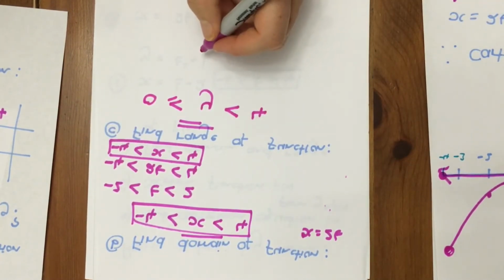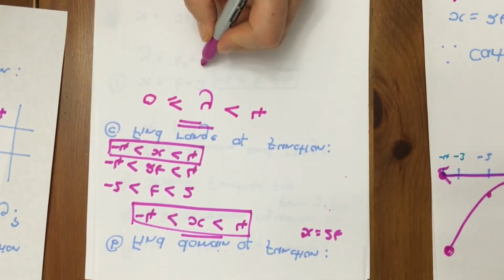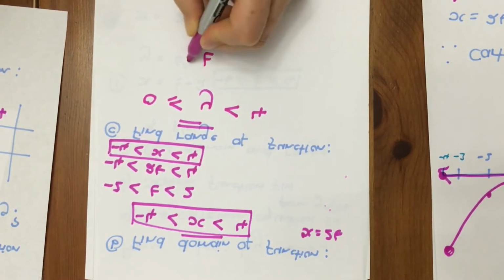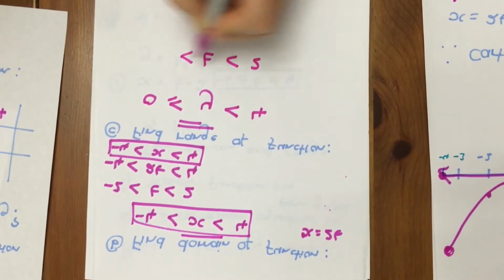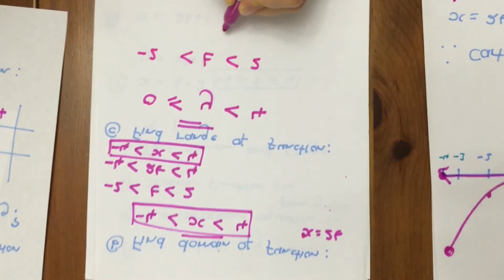I could have done that from looking at my values for t. Now I know t goes between 2 and -2.